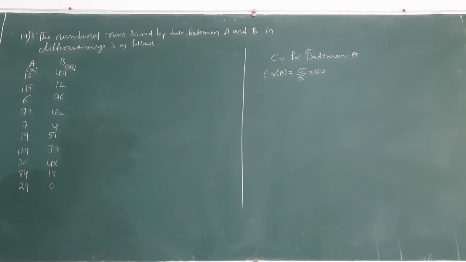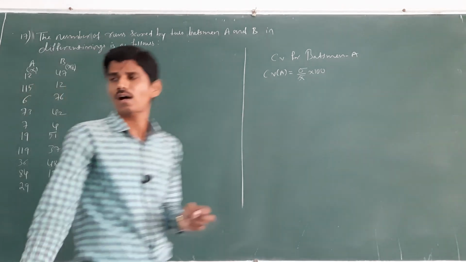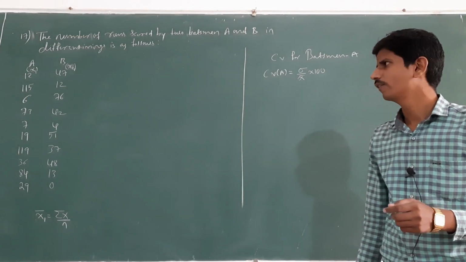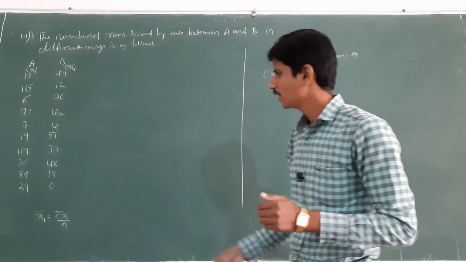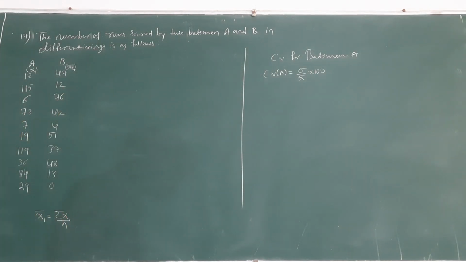We want x1 bar equal to sum of x1 by n. Here the data are ungrouped, because class intervals with frequencies are not given. They are only given the number of observations, so x1 bar equals sum of x1 by small n.